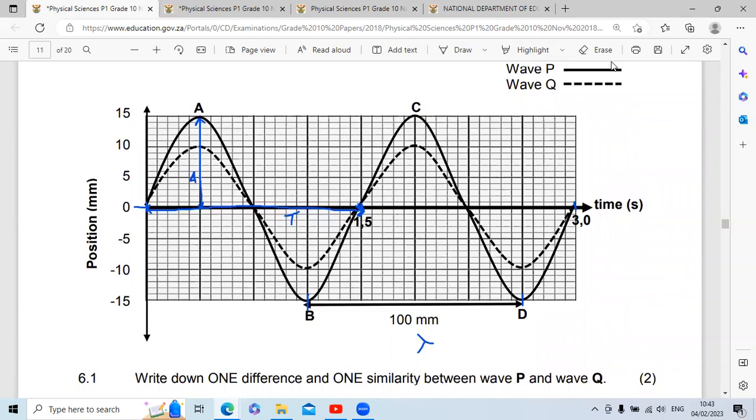From looking at these two waves, which one do you think is different? We have our amplitude here, our period here, and our wavelength here.